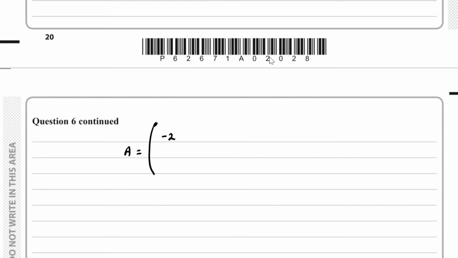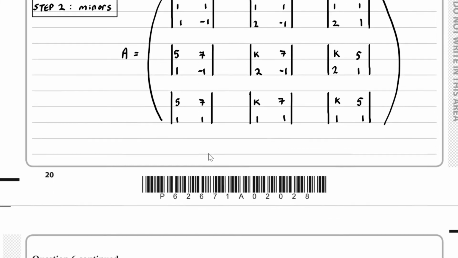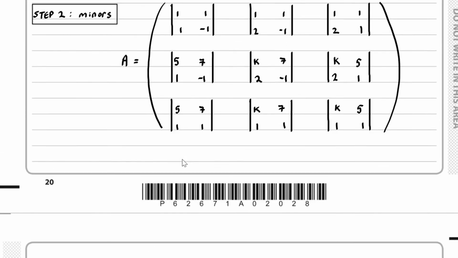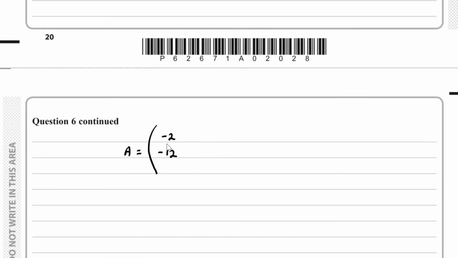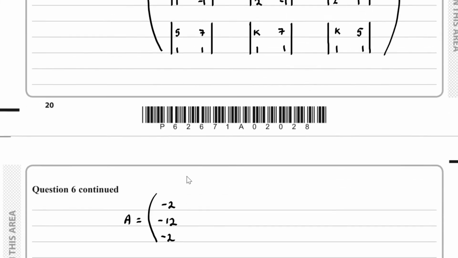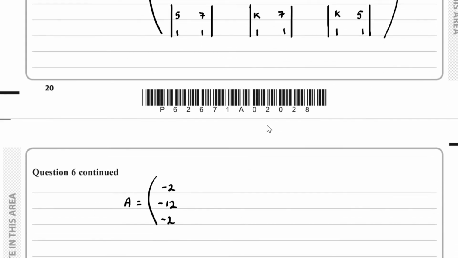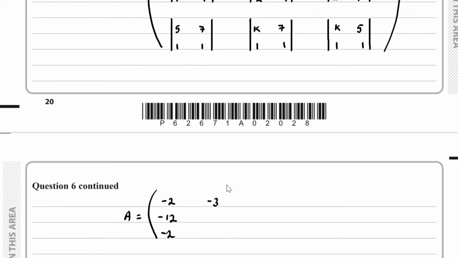Okay, let's just tidy this up a little. And then we've got over here, minus 5 minus 7, that's minus 12. So we've got minus 12 here. And then here we've got 5 minus 7, that's minus 2. For the column here, we've got minus 1 minus 2, that's minus 3. So here we've got minus 3.